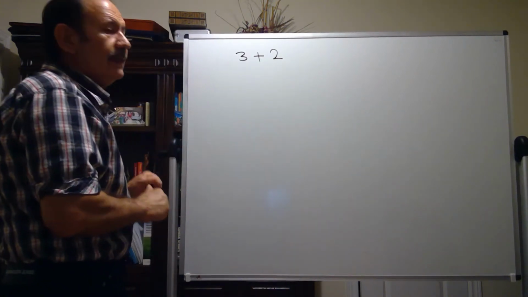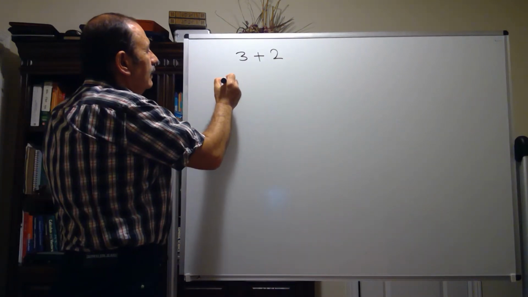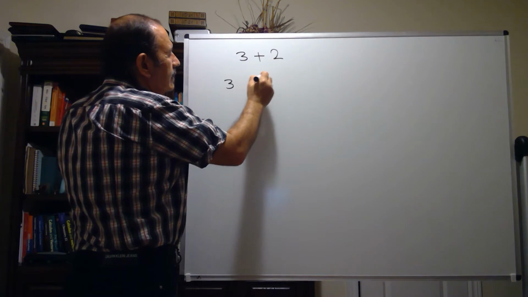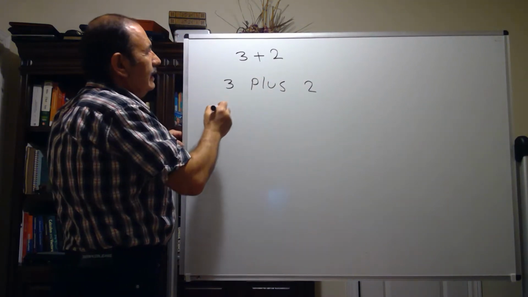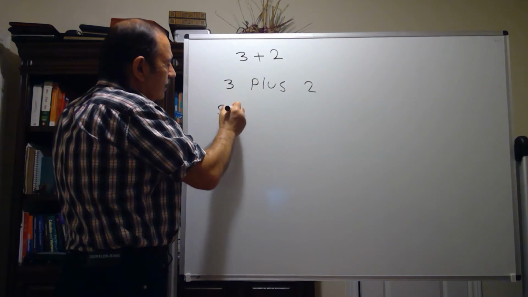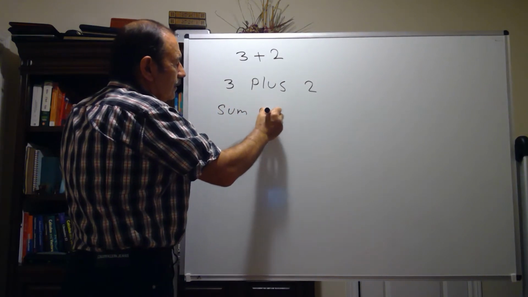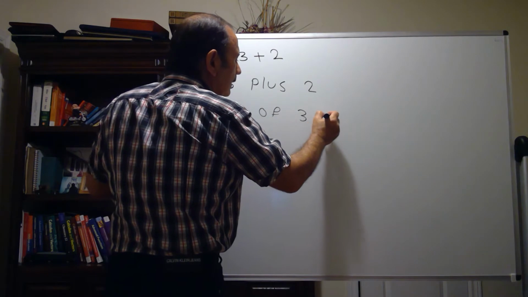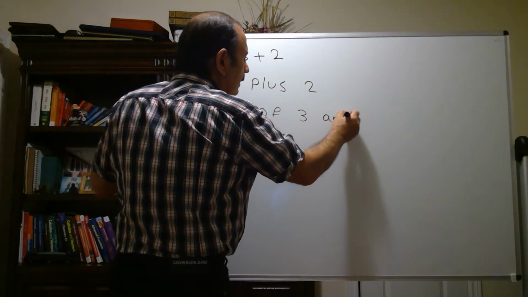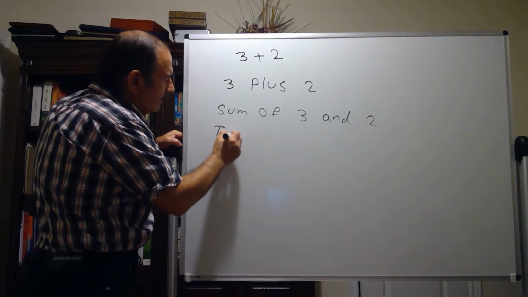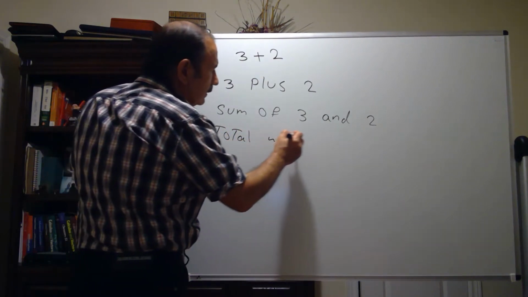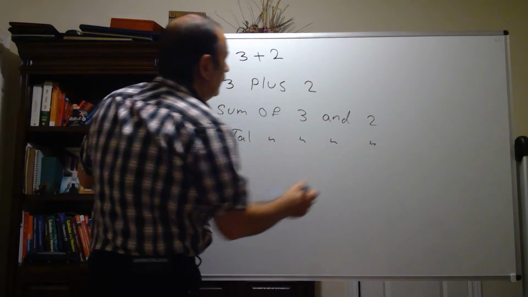I can write it as 3 plus 2. I can write it as sum of 3 and 2. I can write it as total of 3 and 2.